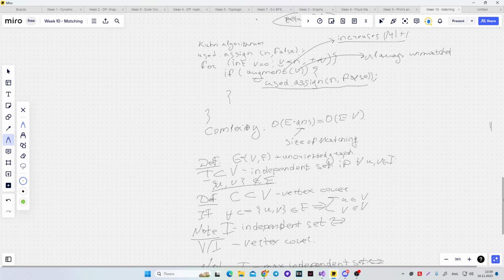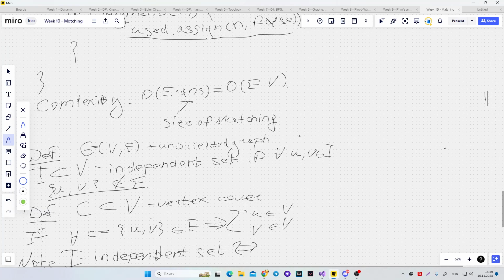We just take the complement graph. What is the complement? It's the universe minus the edges. What is the universe? The universe is V×V minus this set.